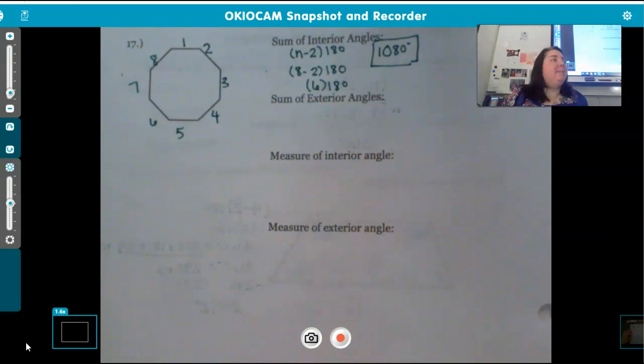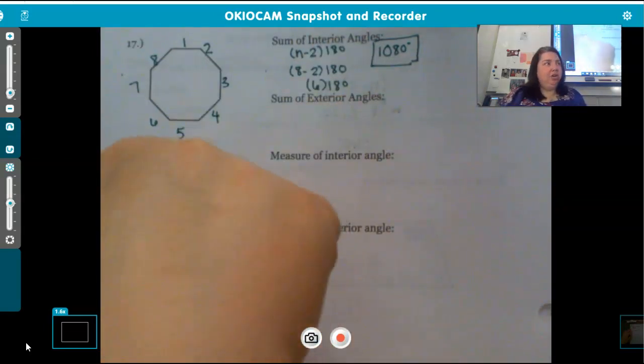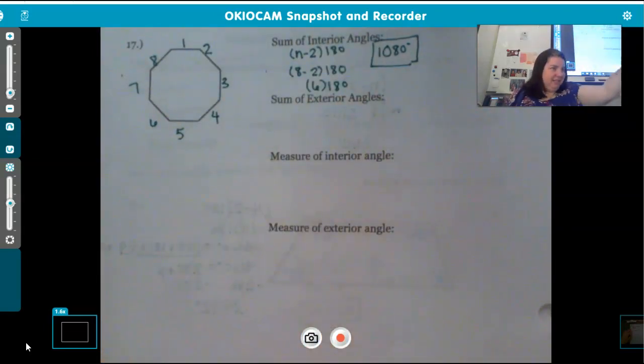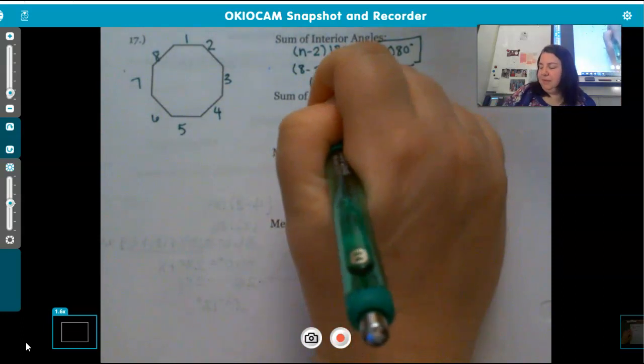Stefan? What is the sum of the exterior angles of this figure? That's the interior. The exterior angles of any polygon add up to 360. There we go.